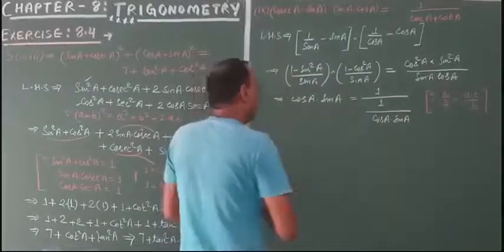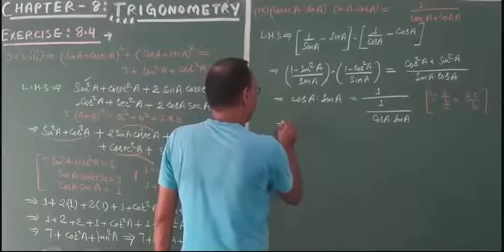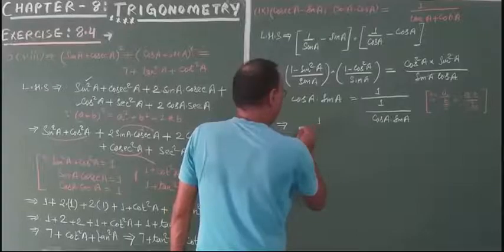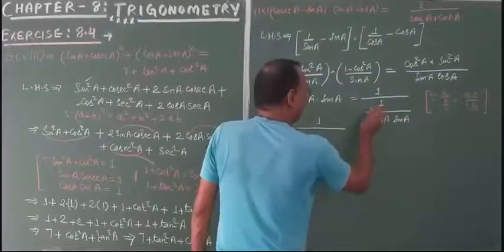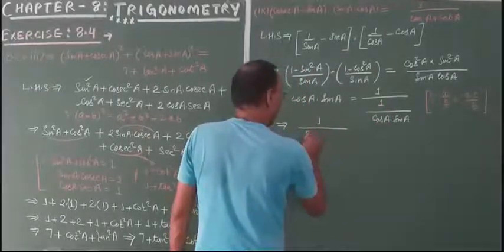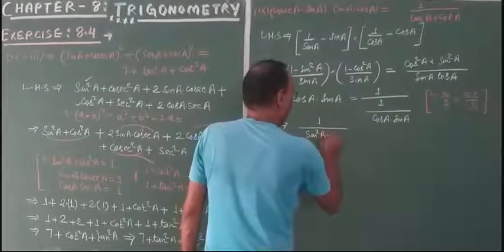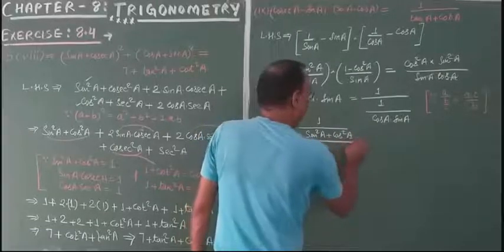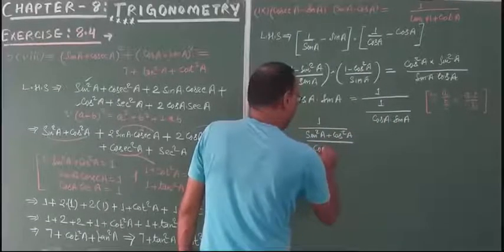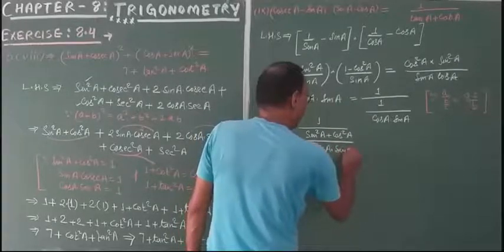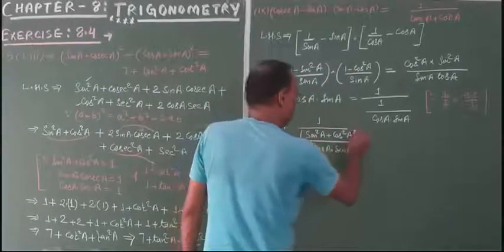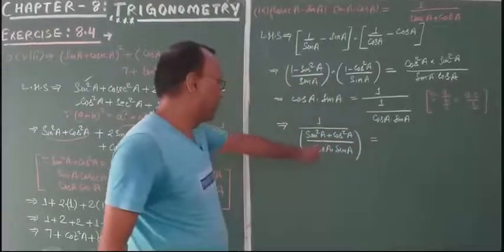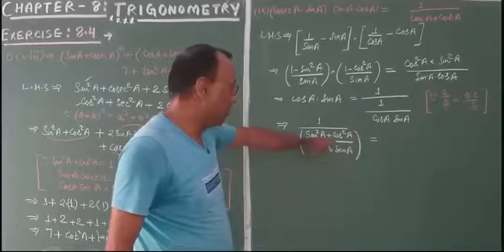So what will happen? Now just look here. This one can be written, according to this, as sin square A plus cos square A, and this is written cos A into sin A. Now just look at the denominator. Now this cos A into sin A will divide both the terms.